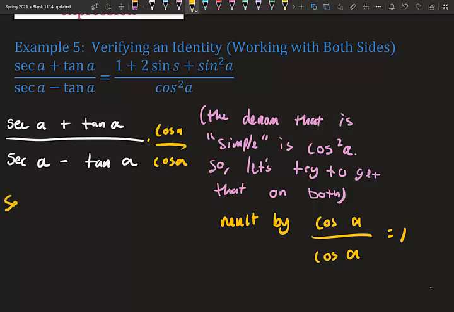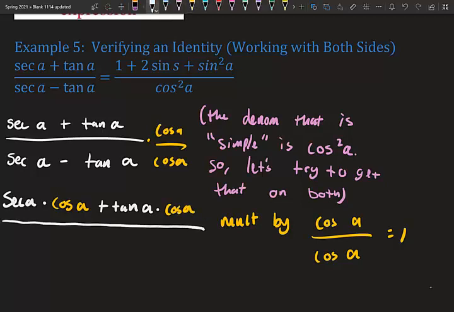So we'll have secant A times cosine A plus tangent A times cosine A, over secant A times cosine A minus tangent A times cosine A.